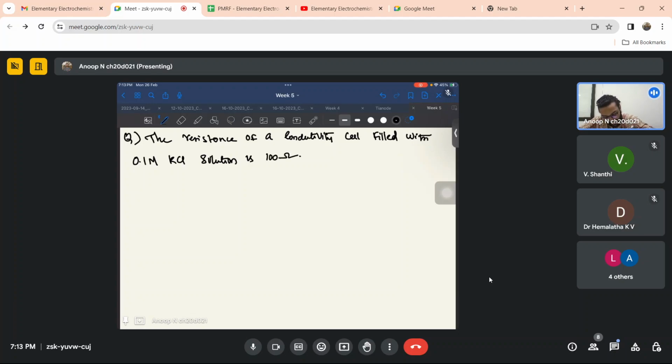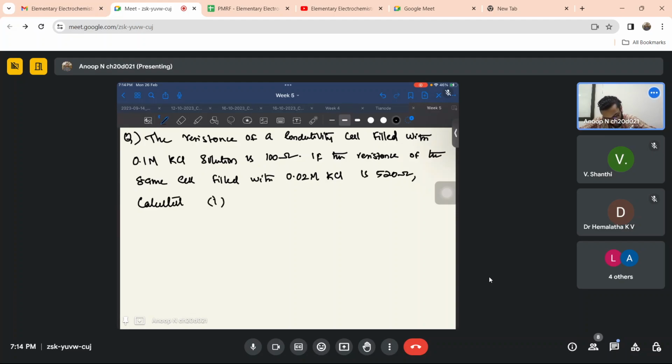If the resistance of the same cell filled with 0.02 molar KCl is 520 ohm, calculate one, conductivity, and two, molar conductivity.